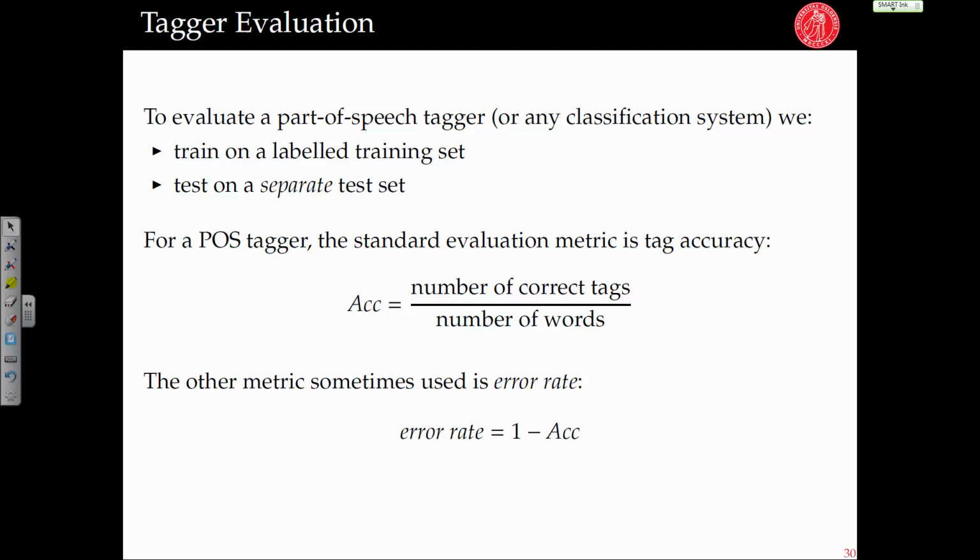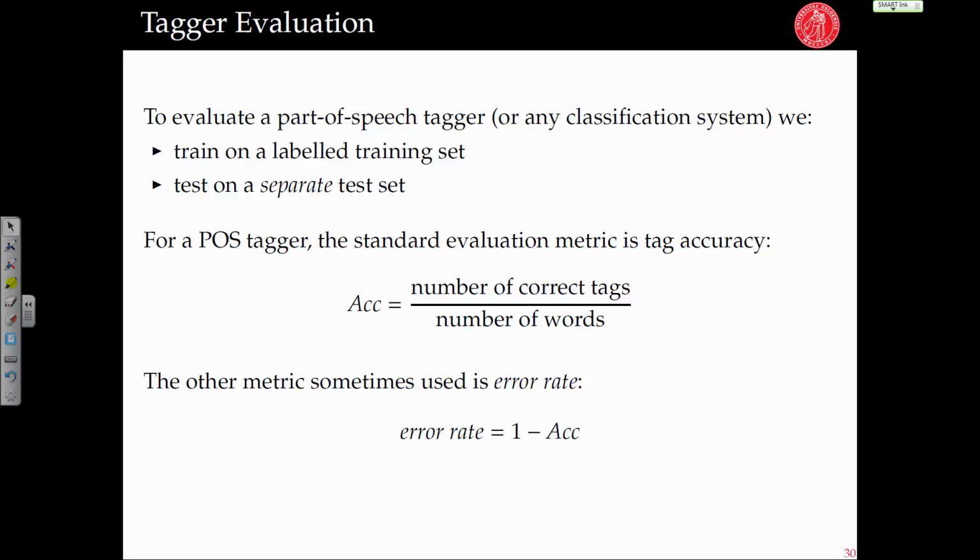So it's like any classification system for which we are computing accuracy. Sometimes people use something called error rate, which is the rate of making errors, which is basically 1 minus the accuracy.